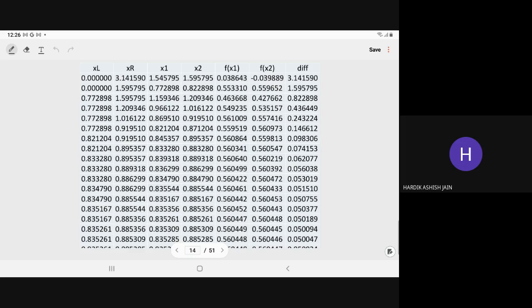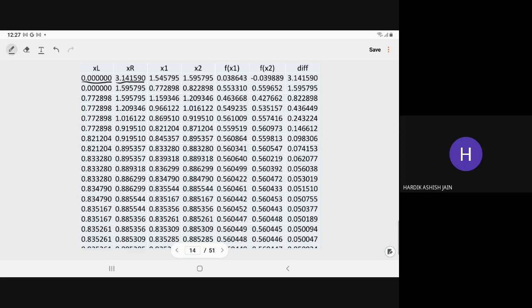The initial points are xl equal to 0 and xr equal to pi. Using the formula x1 is equal to 1 by 2 (xl plus xr minus delta), that is (0 plus pi minus 0.05) divided by 2, will give you 1.545795.